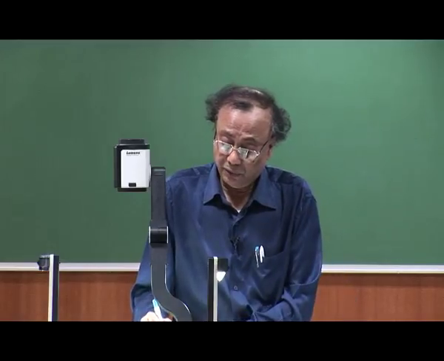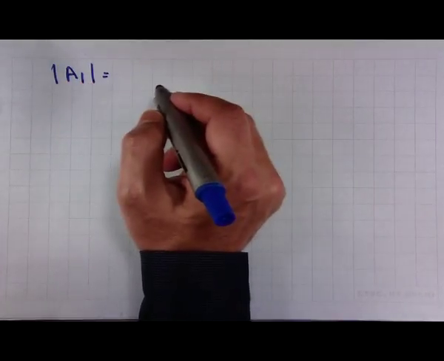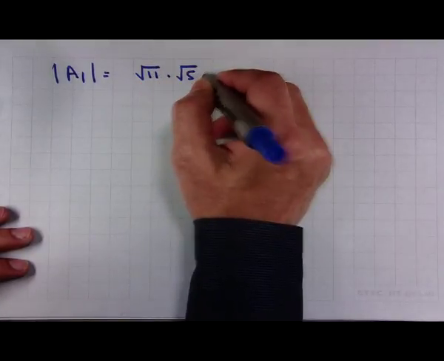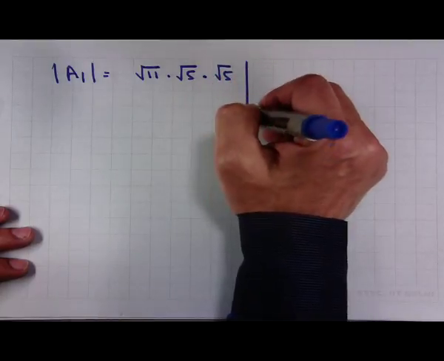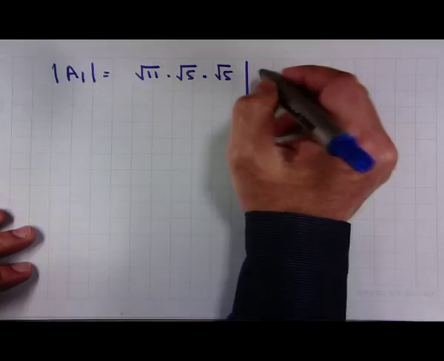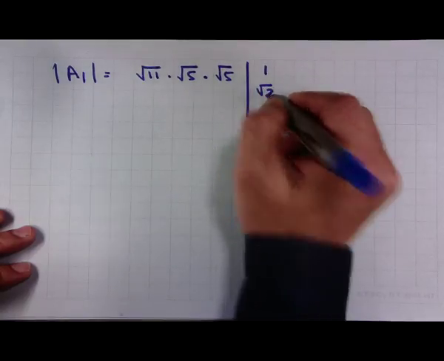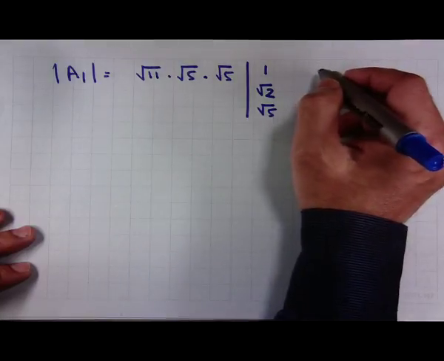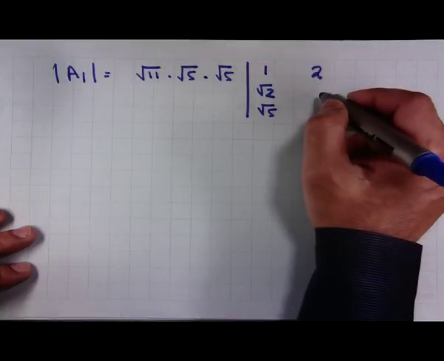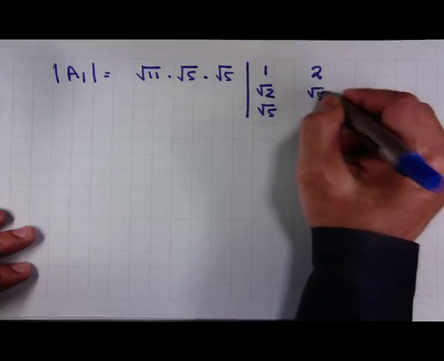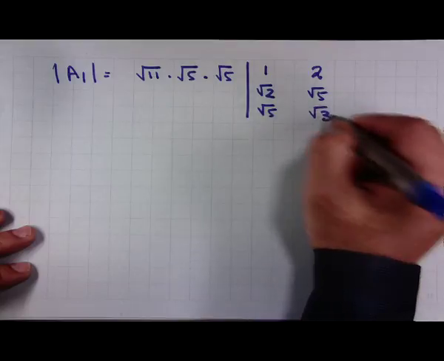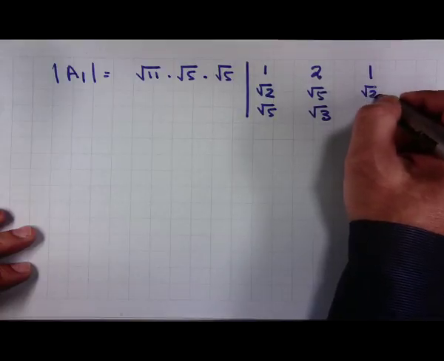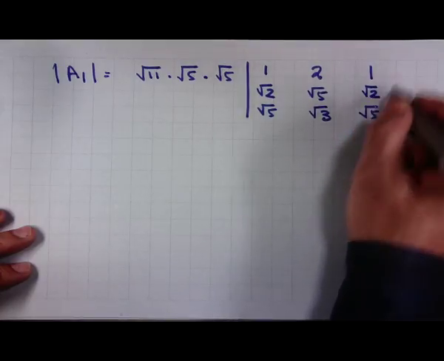Now, determinant of A1 is equal to, after taking out root 11, root 5, root 5, what we are left with is 1, root 2, root 5; 2, root 5, root 3; and 1, root 2, root 5.